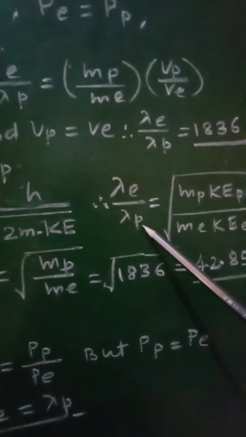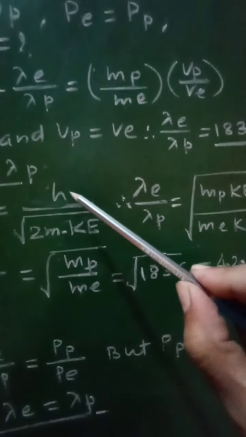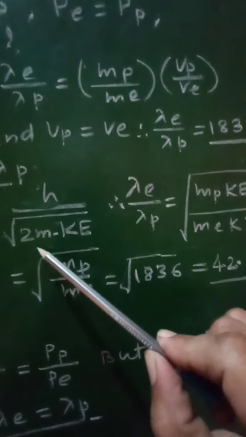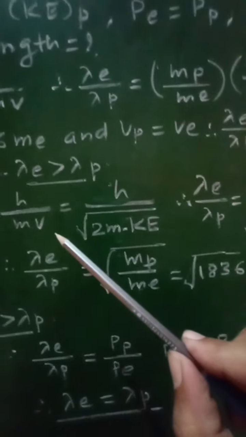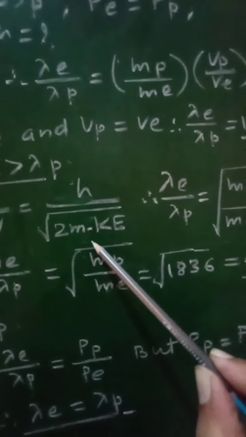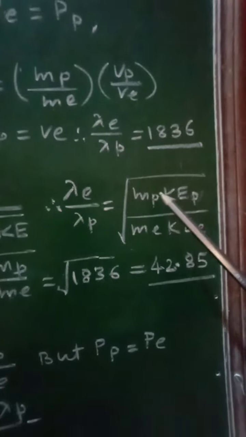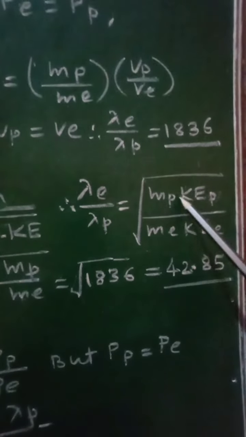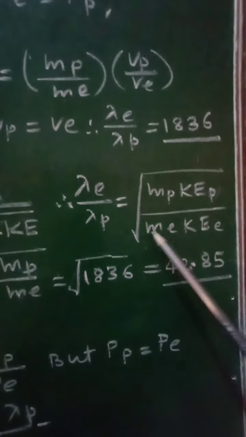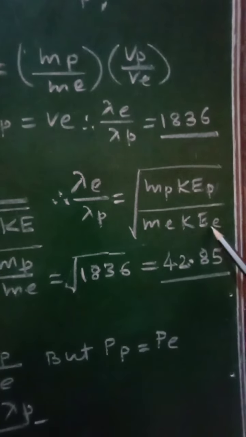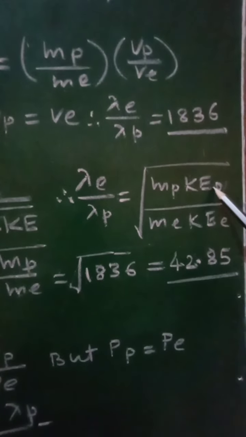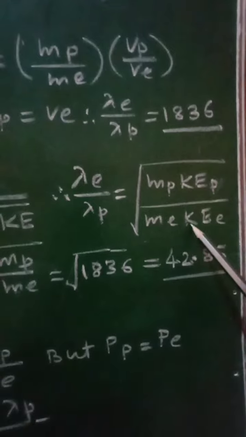Lambda e upon lambda p will be equal to, as h is constant, then 2 will be constant, and therefore this lambda will be inversely proportional to square root of m as well as K_e.